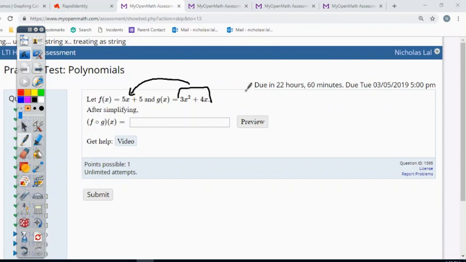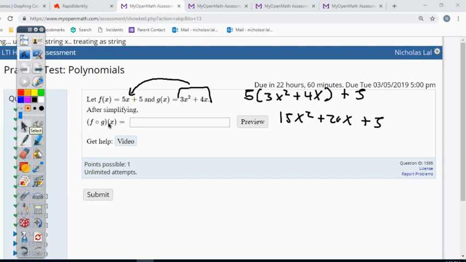So we have 5 times 3x squared plus 4x plus 5. So 5 times 3x squared, that's 15x squared. 5 times 4x is 20x plus 5. So we have 15x squared plus 20x plus 5. Can't simplify it any further.